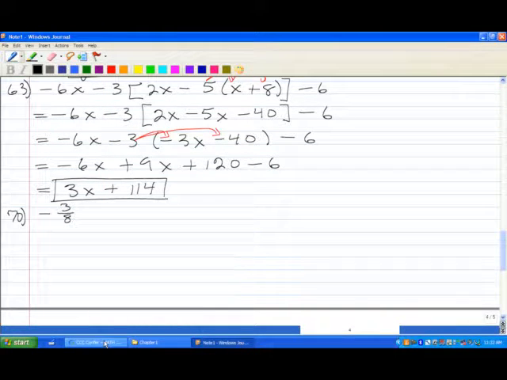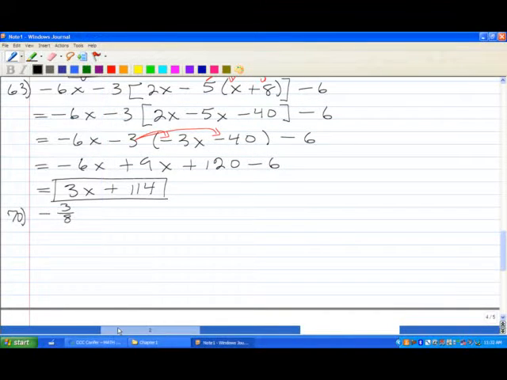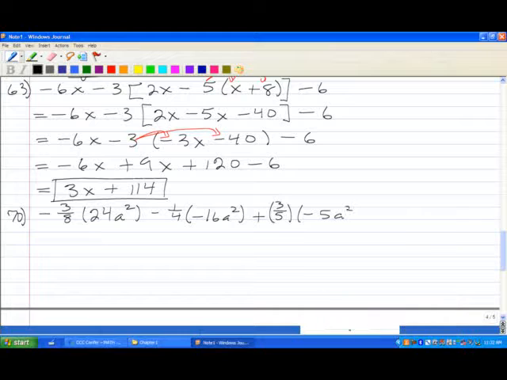Problem number 70. Again, if you have any questions, you can always type them into the text box and I will answer those questions. Negative 3/8 times 24a squared, minus 1/4 times negative 16a squared, plus 3/5 times negative 5a squared.